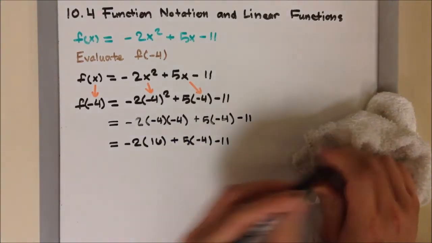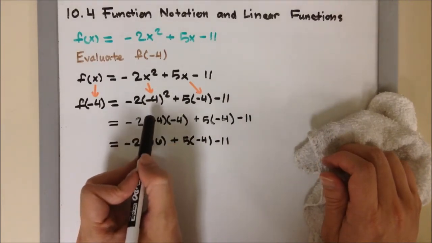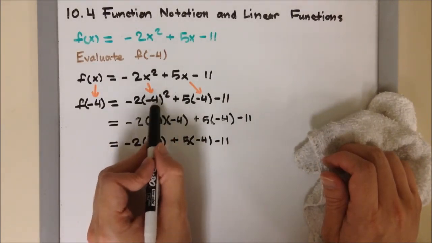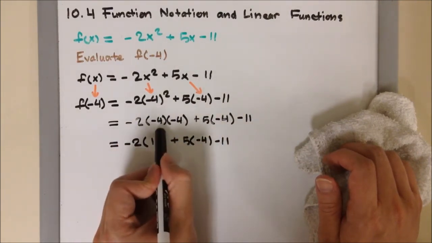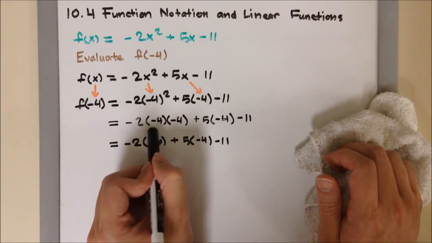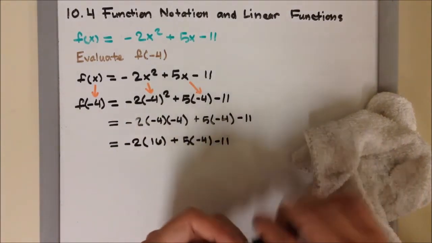Again, I had students that would assume that negative 4 squared is negative 16 because they think they're just going to square the number and then keep the negative. That's not correct. I expand it out to show that negative times negative will give you a positive number.